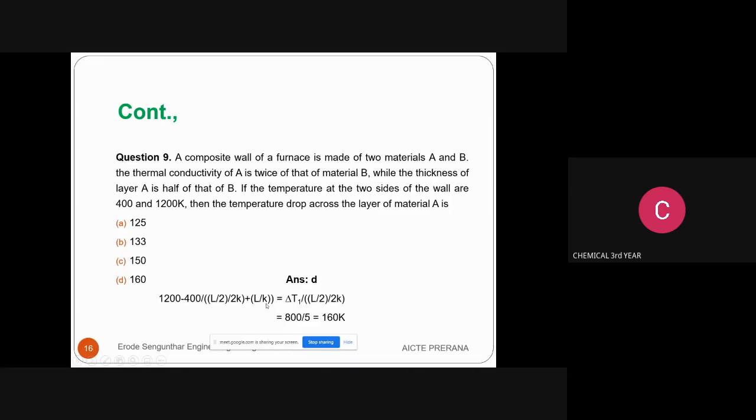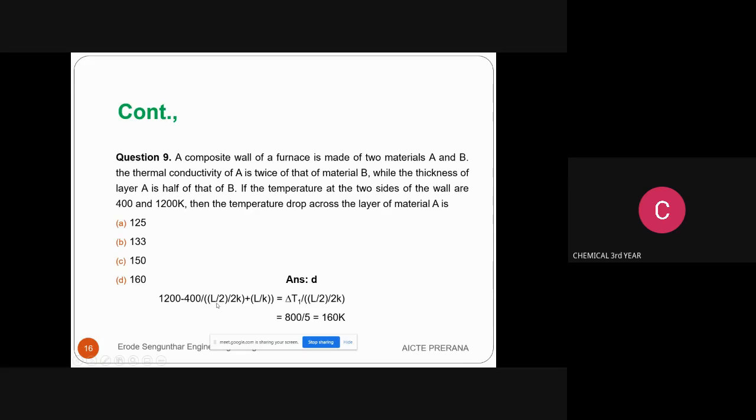Based on this concept, I am equating the things: 1200 minus 400, because we know the temperature difference, divided by L by 2 divided by 2K, because the relationship between the A and B materials for the thermal conductivity and distance we have already discussed.